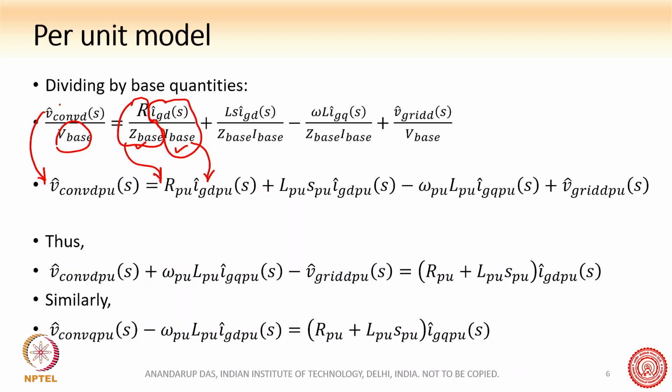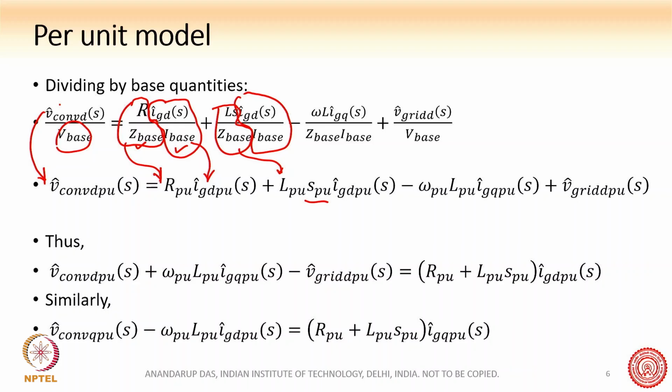Similarly, LS by Z base becomes L per unit times S per unit. This is important: S per unit means the frequency is also in per unit.